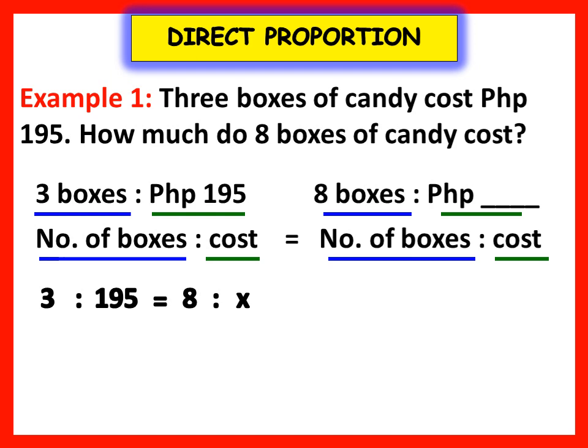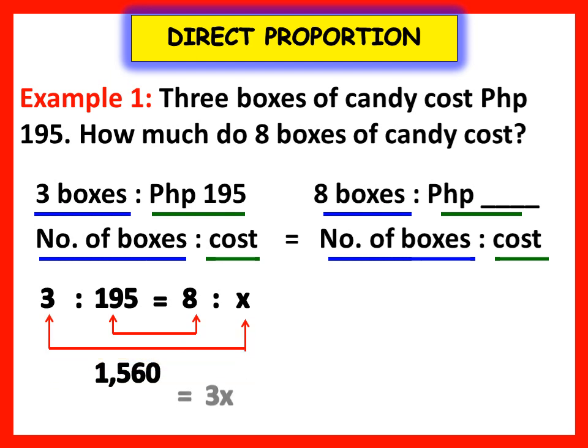To solve for this, we will multiply the means. 195 multiplied by 8 is 1560, and multiply the extremes. 3 multiplied by x is 3x. So 1560 equals 3x.